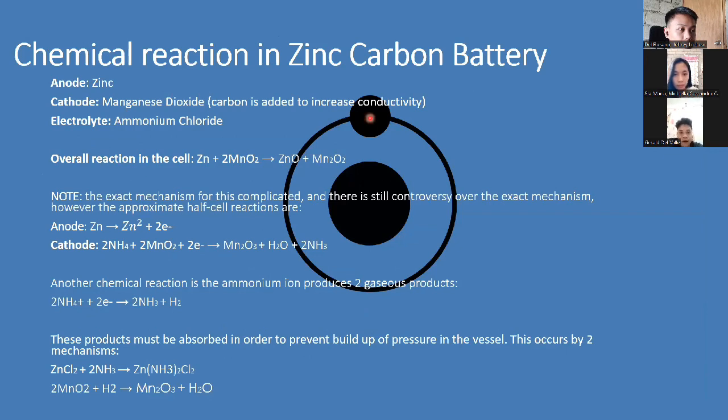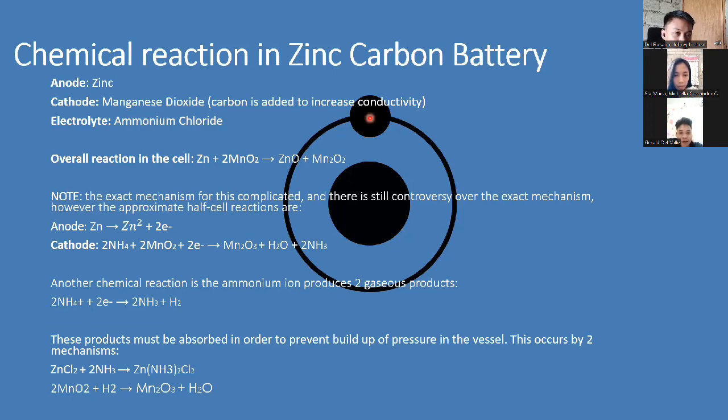Chemical reaction in a zinc carbon battery. Anode: zinc. Cathode: manganese dioxide, with carbon added to increase conductivity. Electrolyte: ammonium chloride.